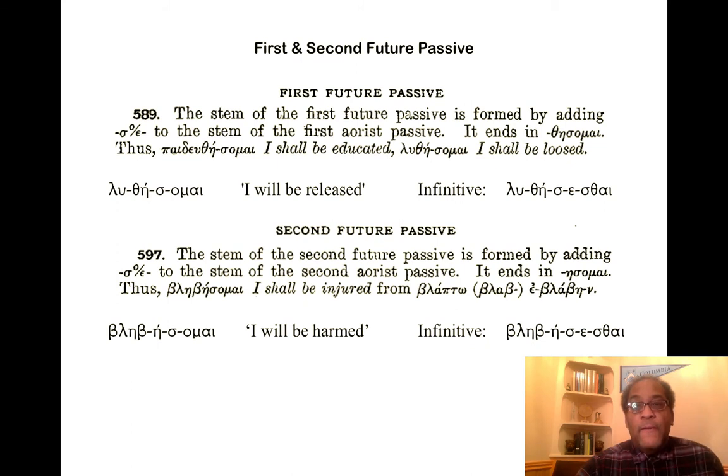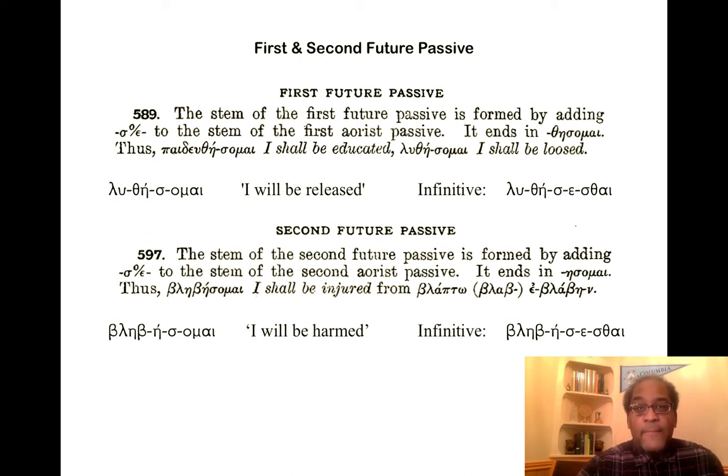So moving finally to the first and second future passives, the first future passive is formed as described in 589. The stem of the first future passive is formed by adding sigma plus omicron epsilon, the thematic vowel, to the stem of the first aorist passive. So it ends in te somai.